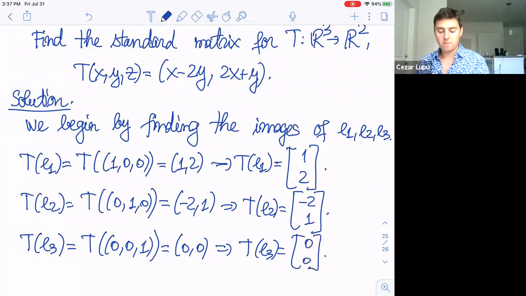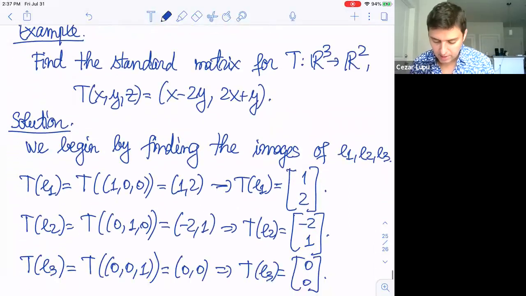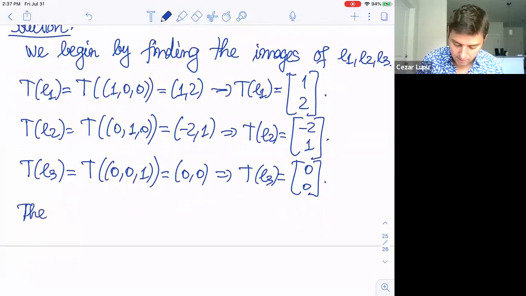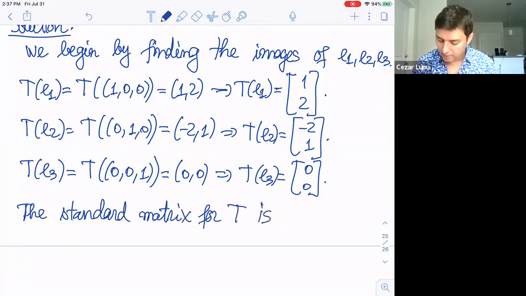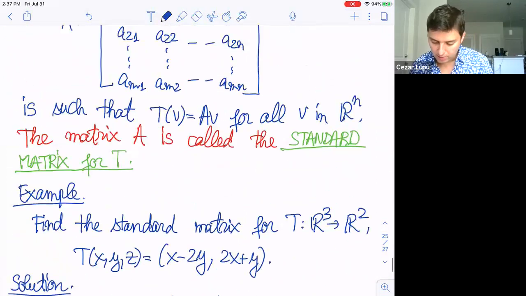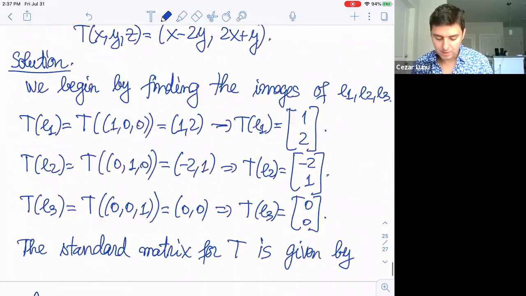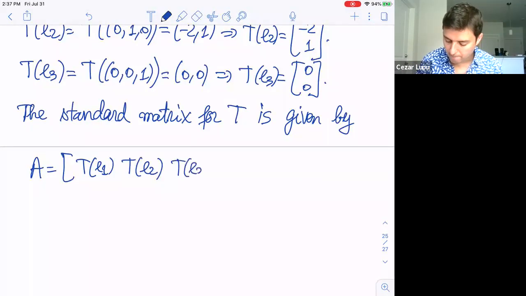Based on our theorem, we can write A, the standard matrix for my linear transformation T. I'm going to write it just like the theorem says: the matrix T of E1, T of E2, T of E3.